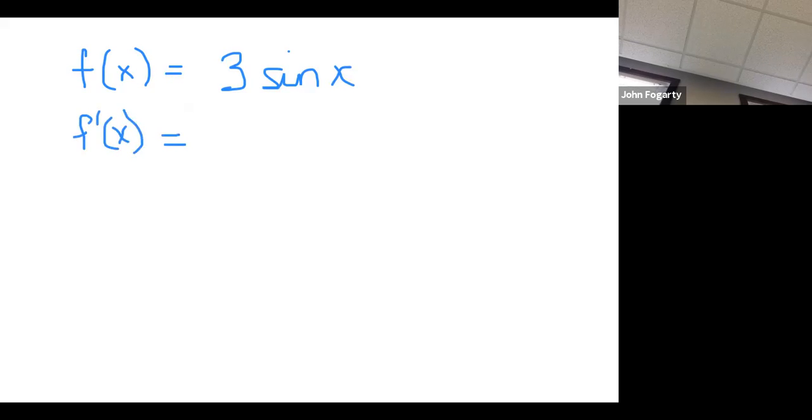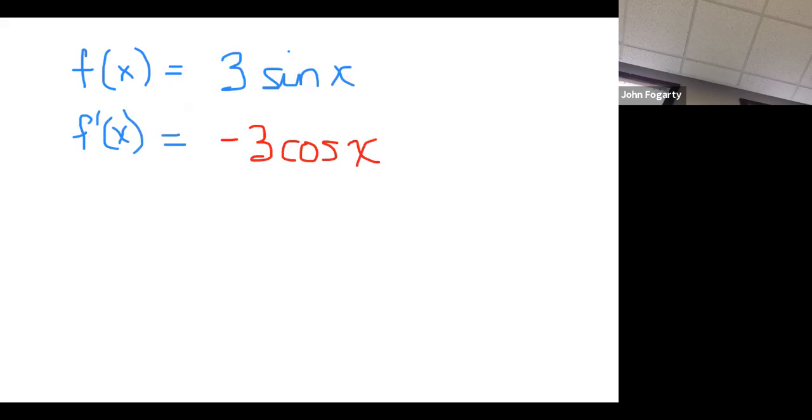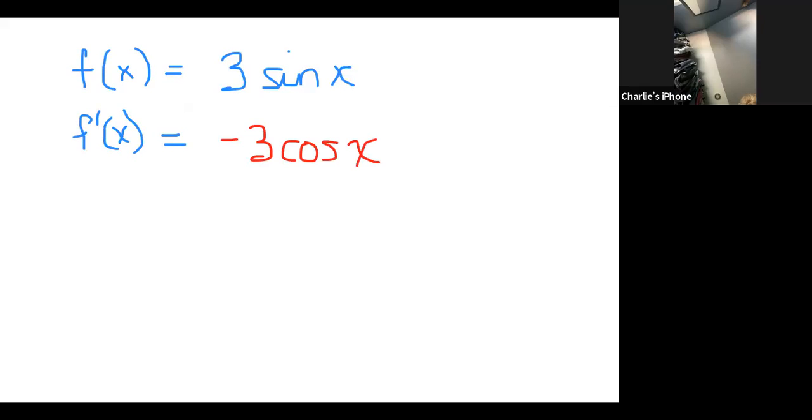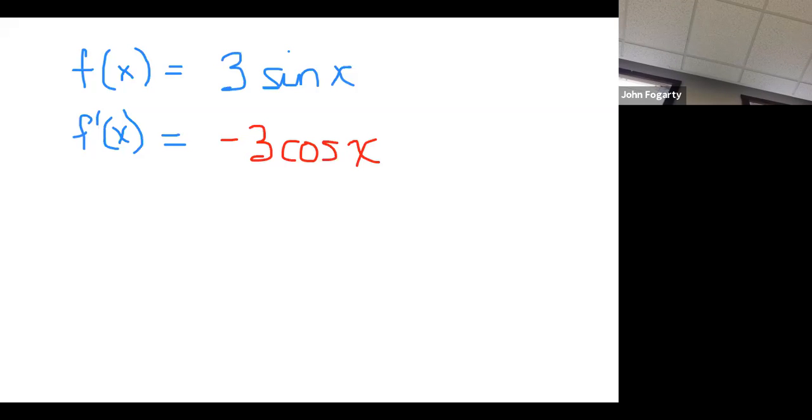All right, so Cody says negative 3 cosine of x. How many people agree with him? How many people don't agree with him? Yeah, just 3 cosine. It's not negative, right?